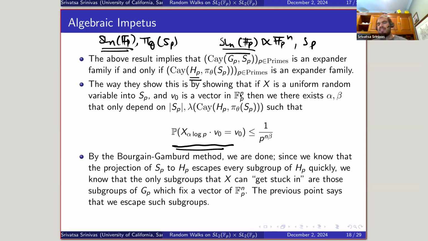And so all that's left for us to show is that we escape subgroups of this affine group which project down fully onto the matrix part. And as I showed above, that's basically those subgroups which fix a vector. Therefore, the probability of getting stuck inside a subgroup which fixes a vector decreases exponentially, and so you must have a spectral gap. Okay, so now you can have the next obvious question.